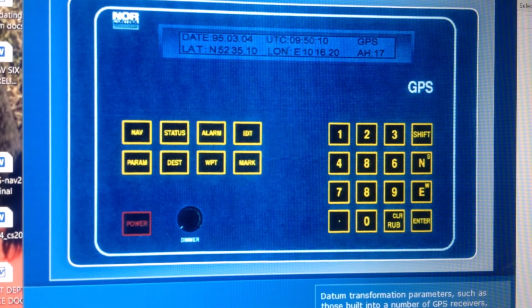Datum transformation parameters, such as those built into a number of GPS receivers, should be used with caution. These transformation parameters may be based on limited or provisional data, or they may represent an average across a wide area.